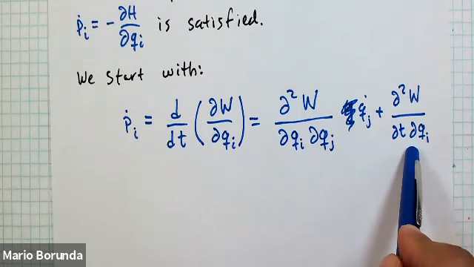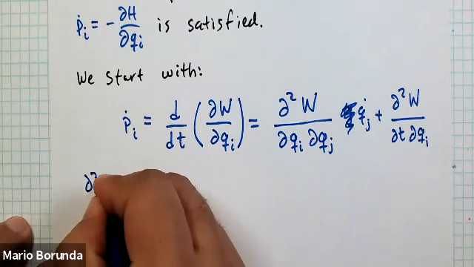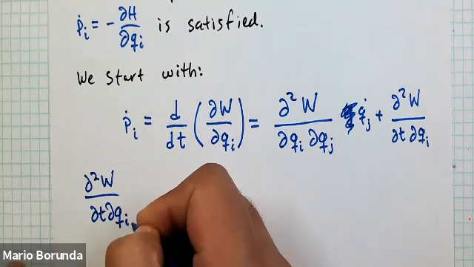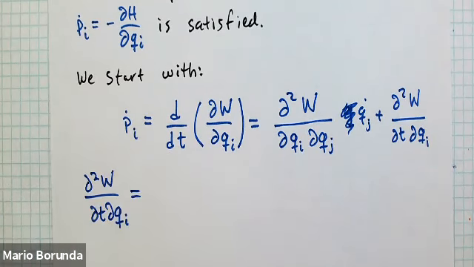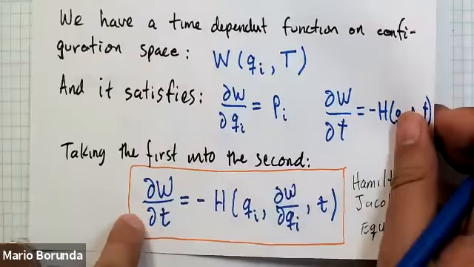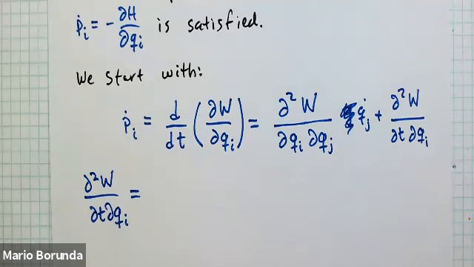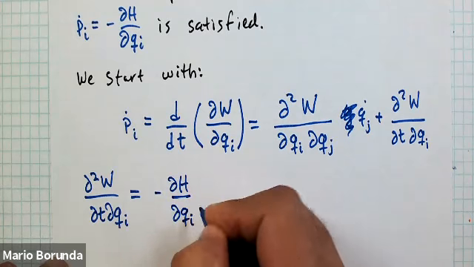So from the Hamilton-Jacobi equation, we then have that this is equal to, again, just differentiating this side with respect to q, and we'll get the derivative of the Hamiltonian with respect to qi.